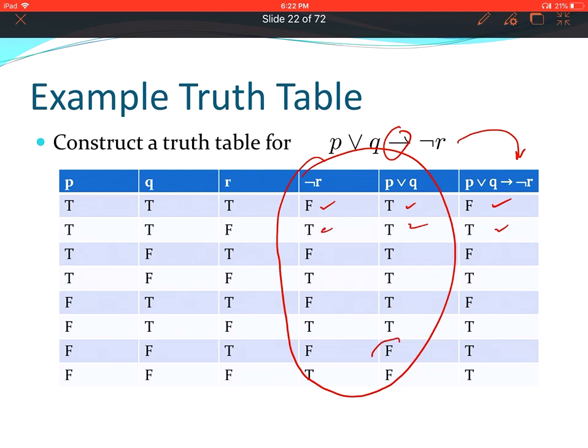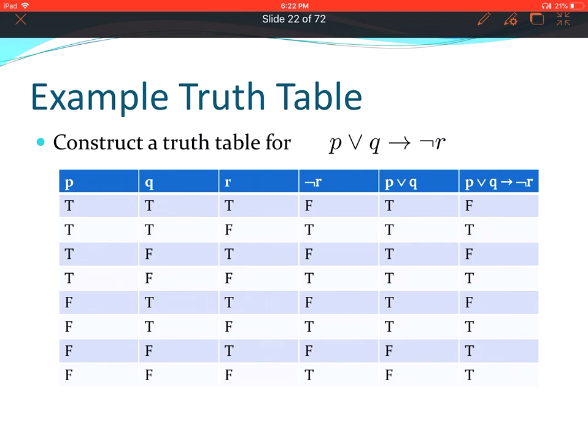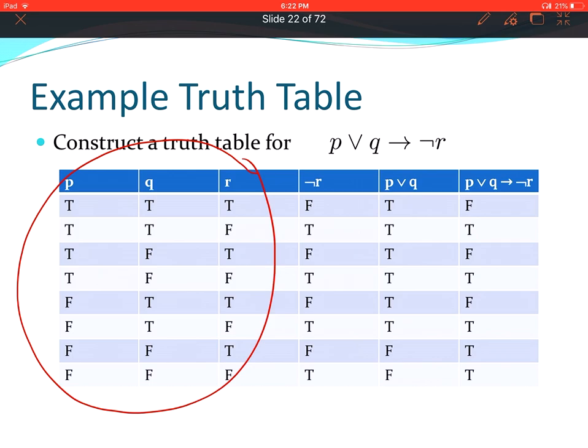Also note down here that when the hypothesis is false, the implication is true. That's the vacuous case. And a couple more have the implication being false when P or Q is true and the negation of R is false. So for this truth table, this is the resulting possible truth values for all possible inputs of P, Q, and R. Okay, we'll do a shorthand version of this later.